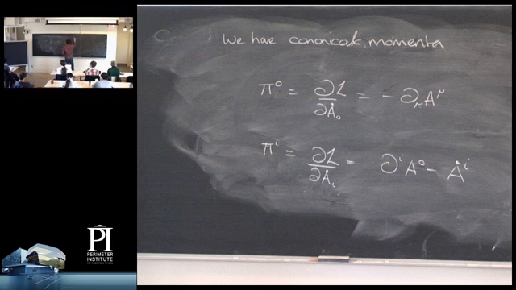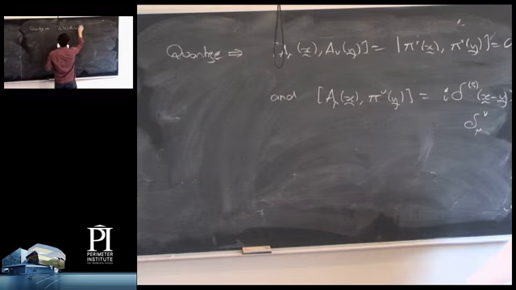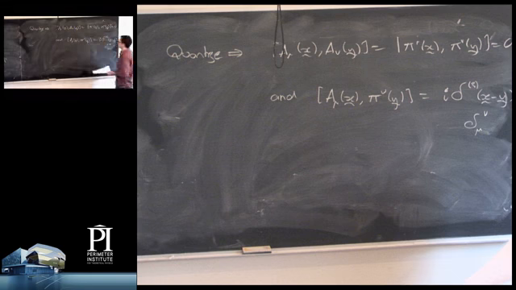Okay, what do we do now? We quantize. That just means we impose canonical commutation relations. We're going to work in the Schrodinger picture to begin with.